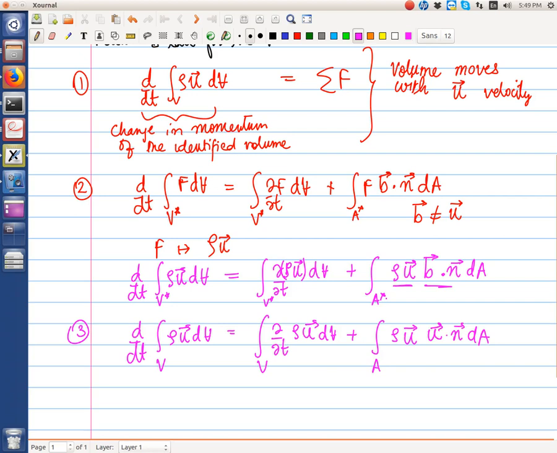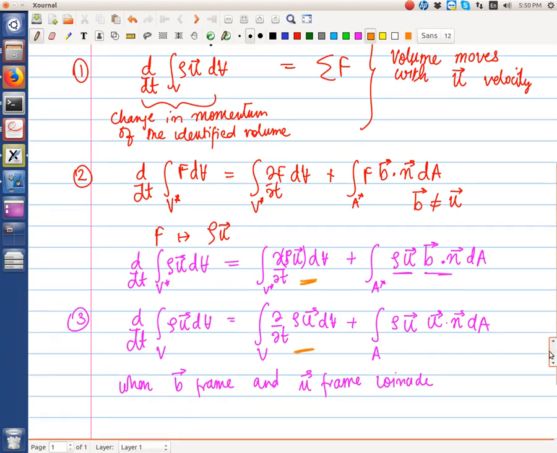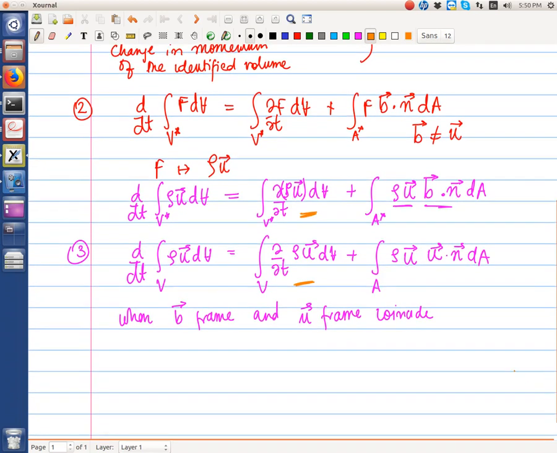The star implies that the volume is moving with some other velocity. There is no star here, which means the volume is moving with the velocity of the fluid. So when the b frame and the u frame coincide, this term and this term of the two expressions are equal. The temporal change terms are equal.